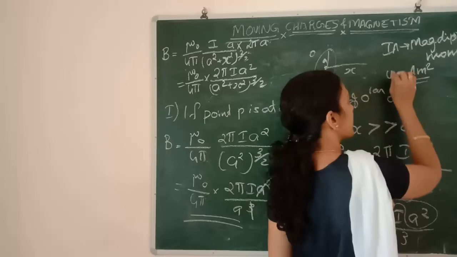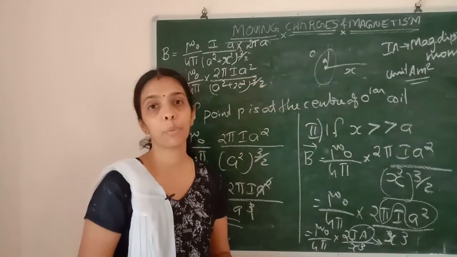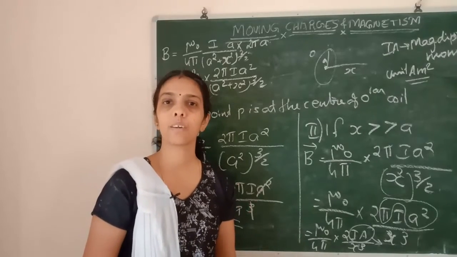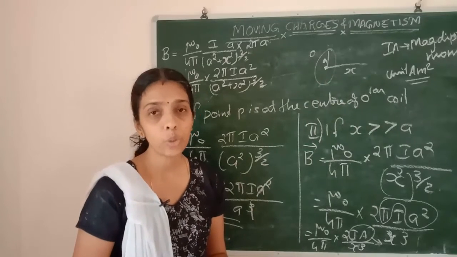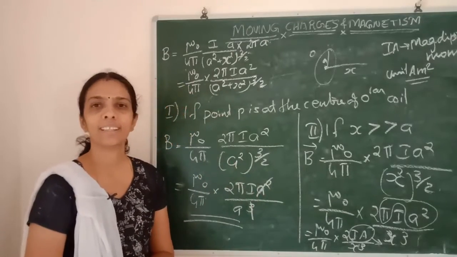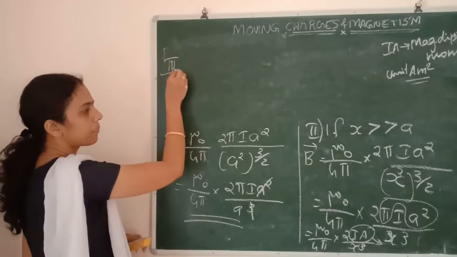The SI unit is ampere meter square. Magnetic dipole moment is I into A. If there are n number of turns of the coil, then what will be the magnetic dipole moment? N into I A. Okay, that is the unit of magnetic dipole moment. Okay, clear?